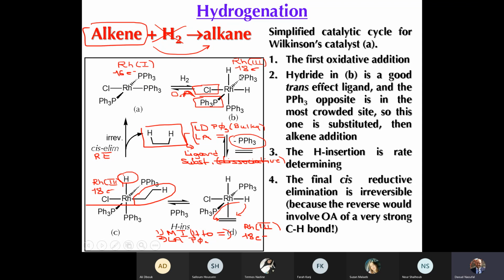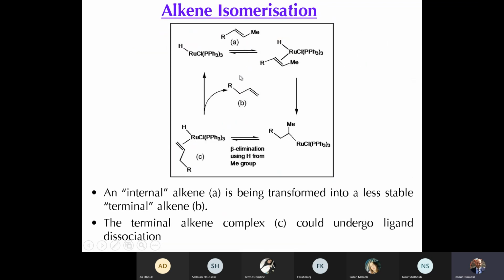Suppose they mentioned the formation of isomers. We have alkene isomerization. Suppose we start with alkene in position 2, we obtain the double bond in position 1.